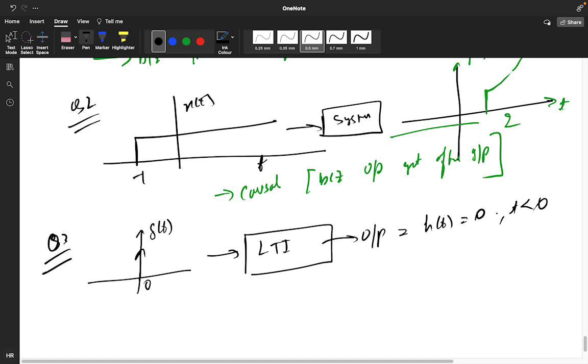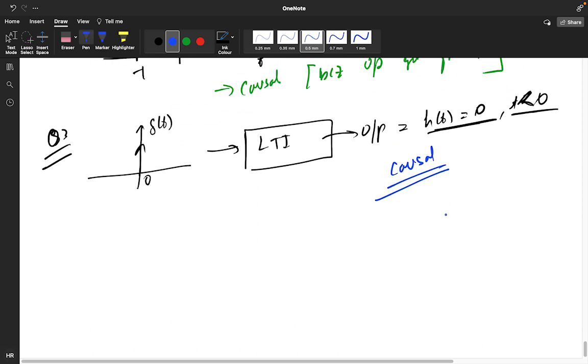This is the condition for causality of the LTI system. Means if you provide the impulse as input and your output is 0 for t lesser than 0, then the system will be causal.